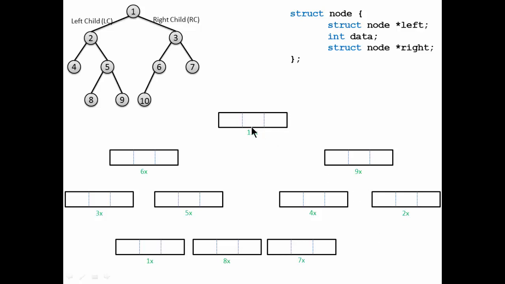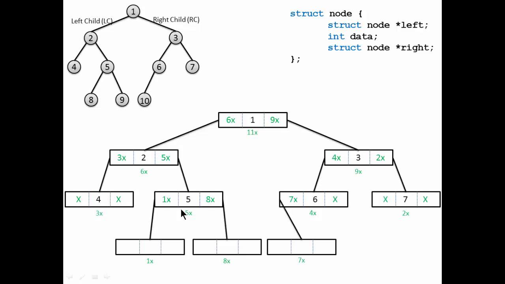The value of this node is 1, and the left child is 6x, the right child is 9x. So it points towards 6x and 9x. The value over here is 2 and the value over here is 3. This points towards 3x and 5x. In this fashion you will be populating all the values.